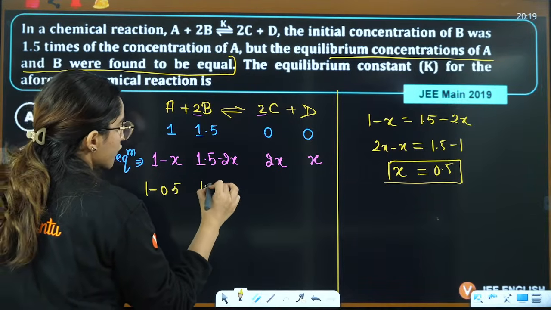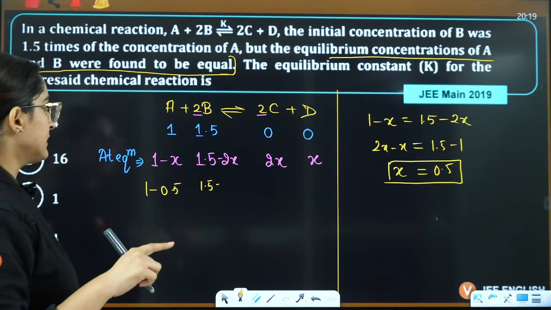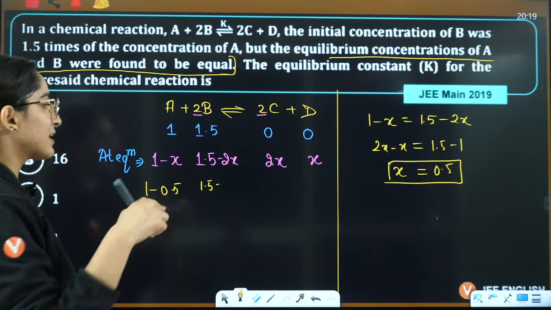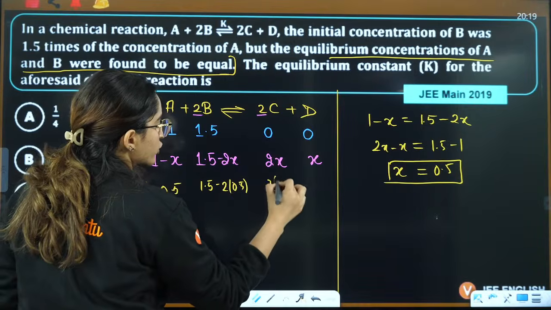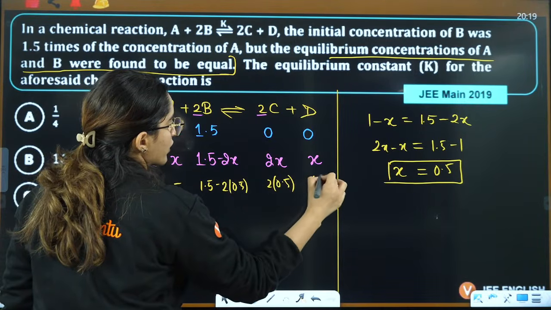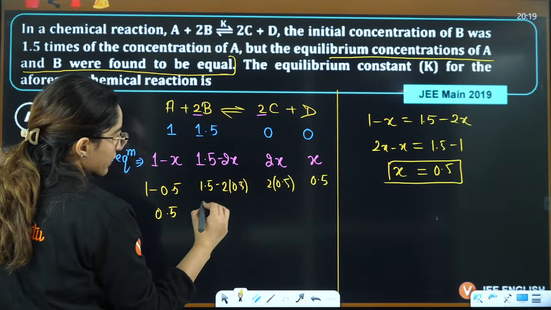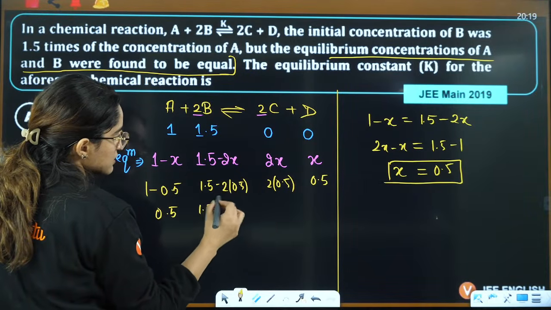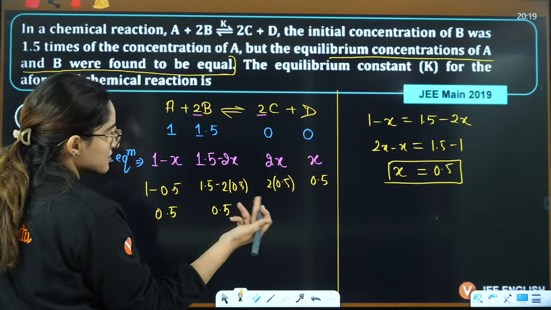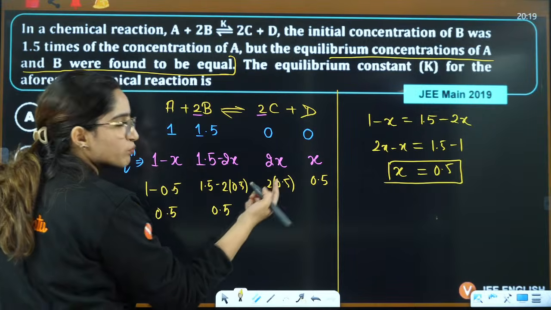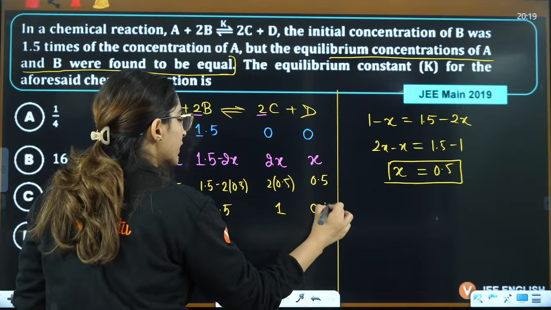This is 1.5 minus 2 multiplied by x, that is 1 only. 2 into 0.5 is 1, so this is 0.5. So it is going to be 0.5 here. This is going to be 1.5 minus 1, which is nothing but 0.5. Obviously they are the same. And half into 2 is 1, and this is 0.5.